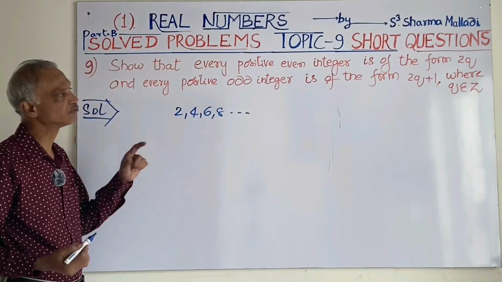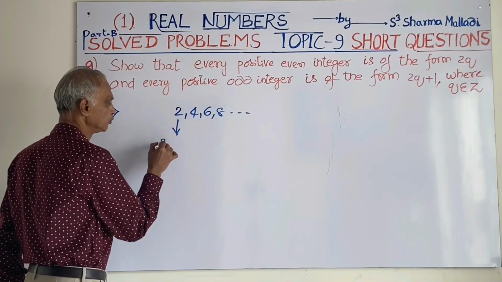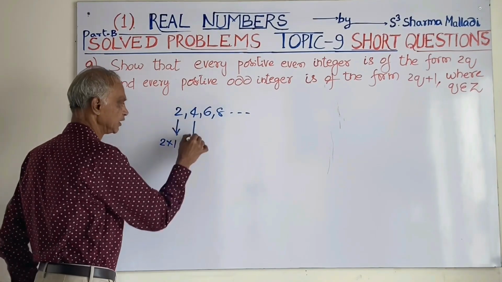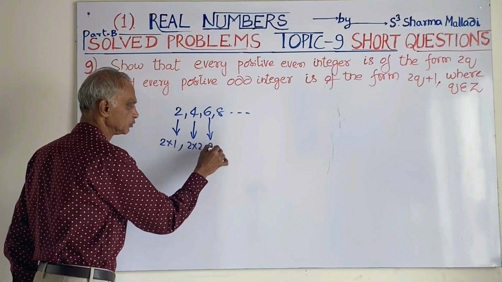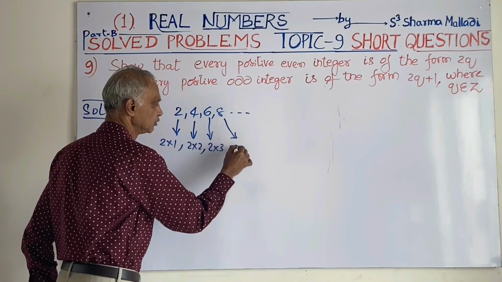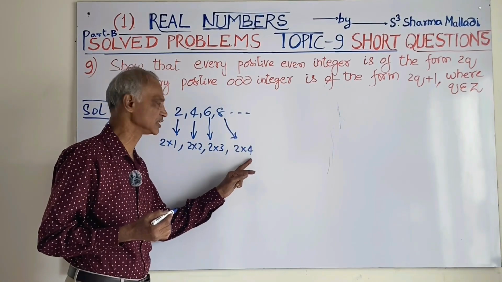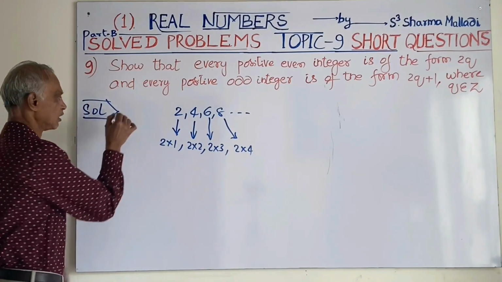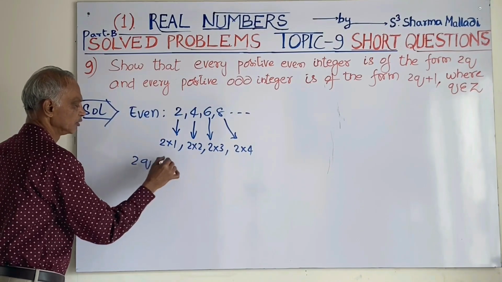They are in the form of 2q, q belongs to integer. 2 can be written as 2 into 1, 4 as 2 into 2, 6 as 2 into 3, 8 as 2 into 4. Like this, even numbers are in the form of 2q, where q is an integer.